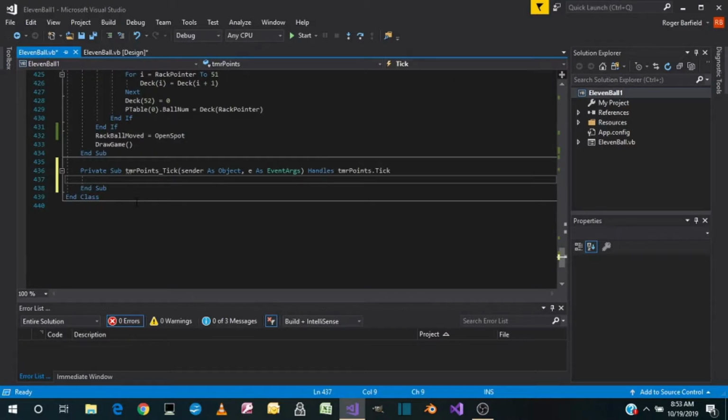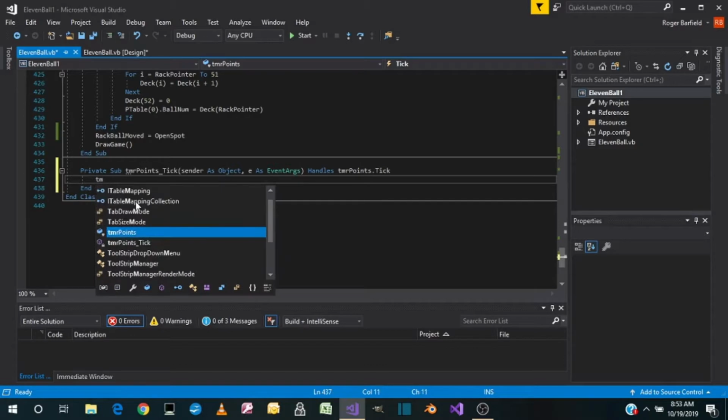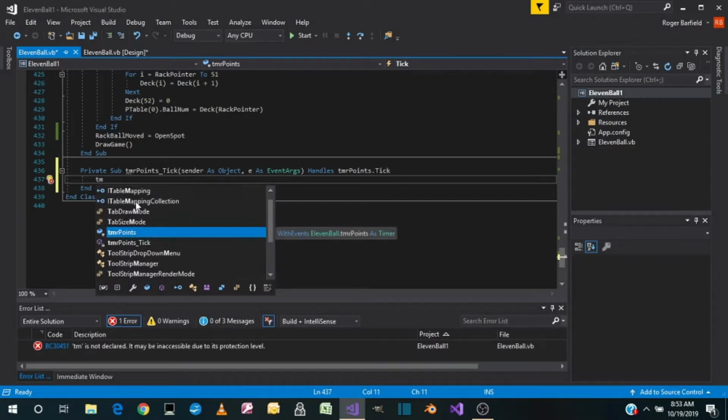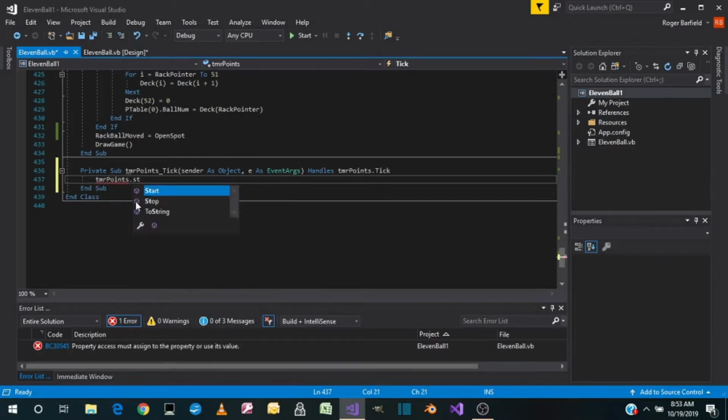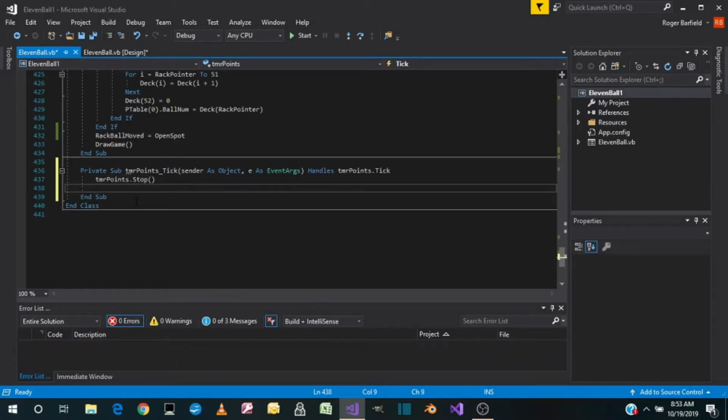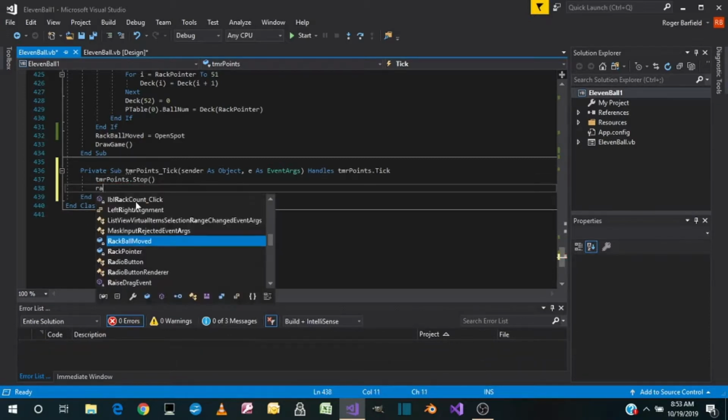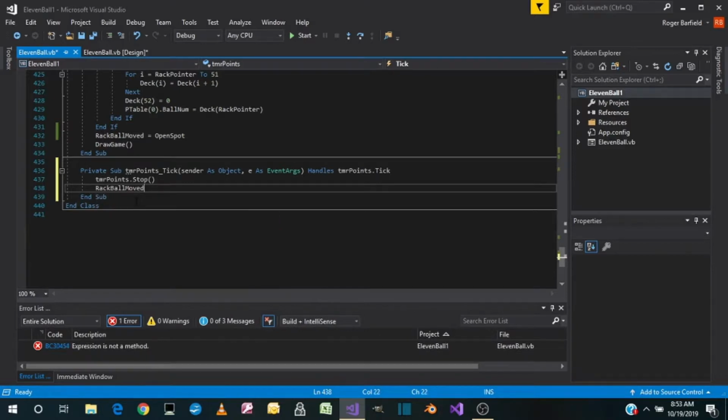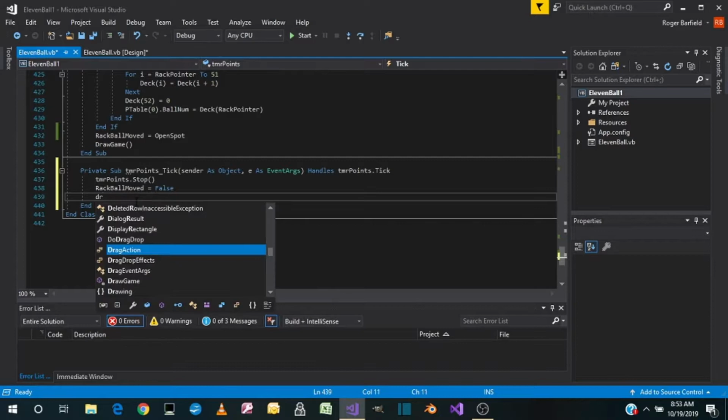And all we're going to do is turn the timer off. And we're going to clear our rack pointer and draw the game.